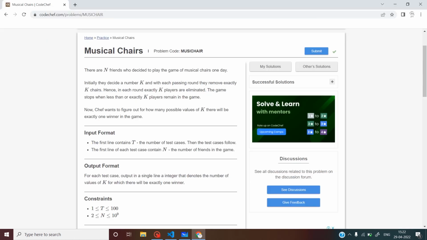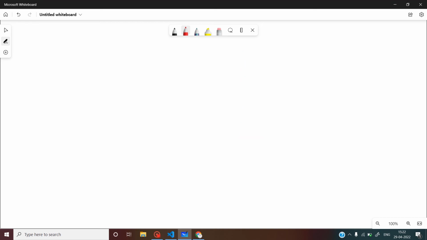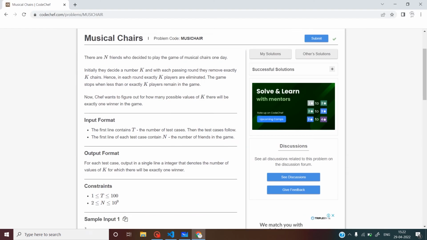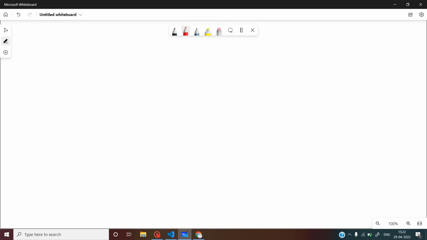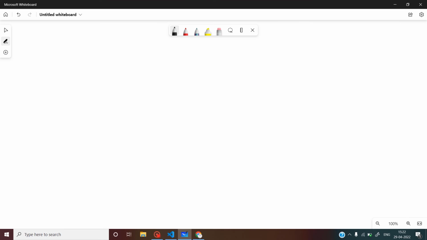Now let's look at the first test case. In the first test case, we are given n equals 2. So let us suppose we choose k equals 1.